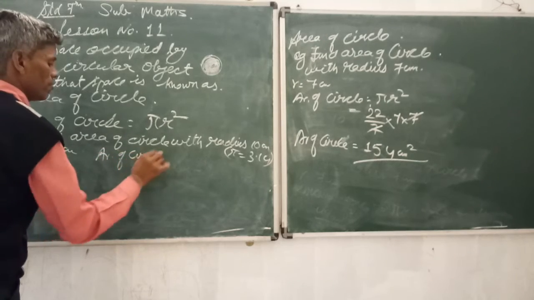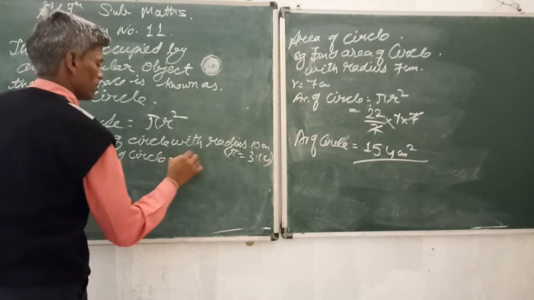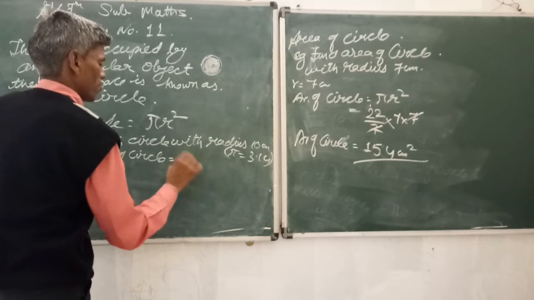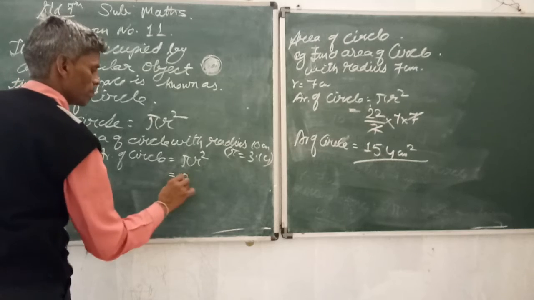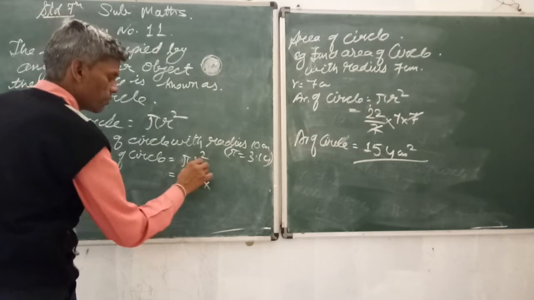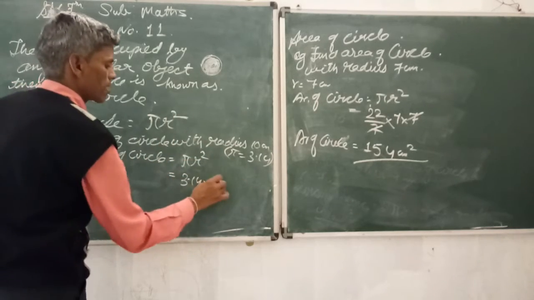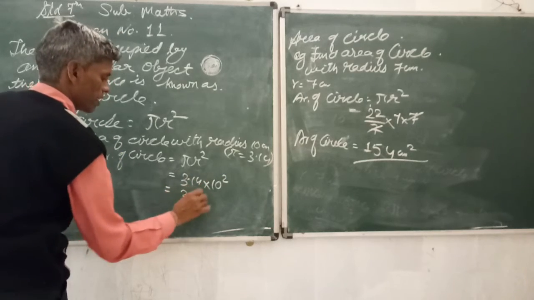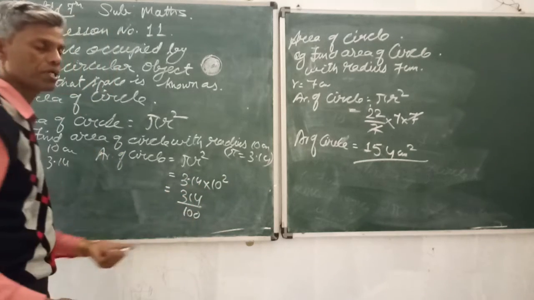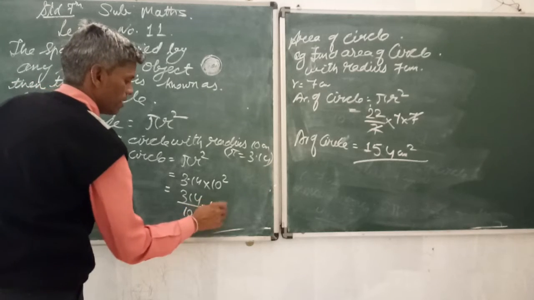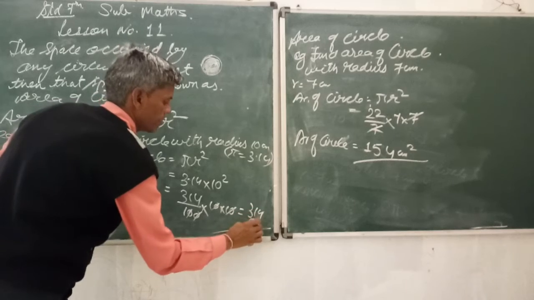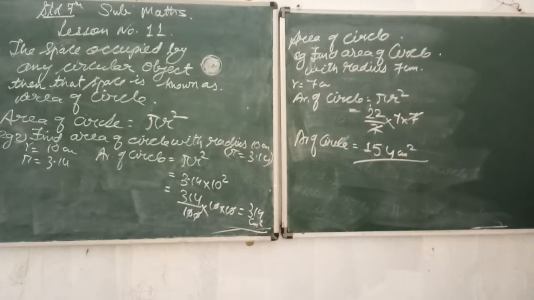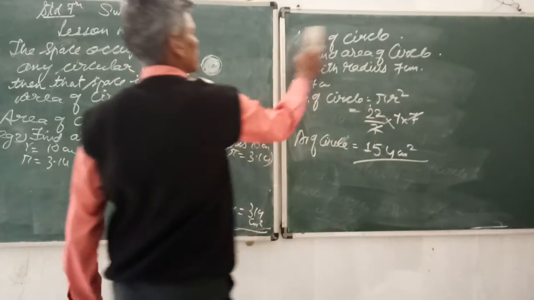Area of circle is pi r square. Value of pi is 3.14 into r square, meaning you write r two times. To remove the decimal we write 3.14 as 314 upon 100 into 10 into 10. 0 cut. 314 centimeter square. This is the answer. Is that clear?